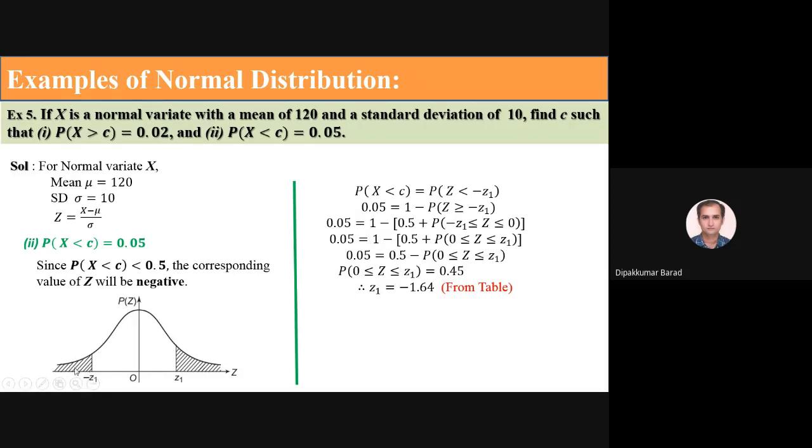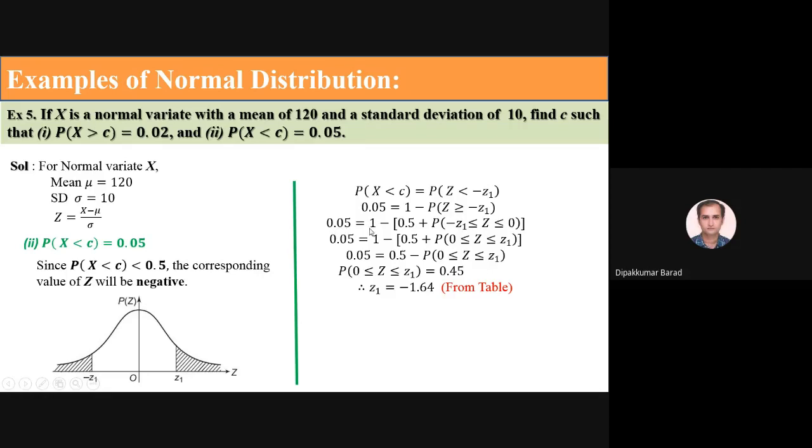Z greater than or equal to minus Z1 means everything on the right-hand side of the y-axis, which is 0.5, plus Z in between minus Z1 and 0.